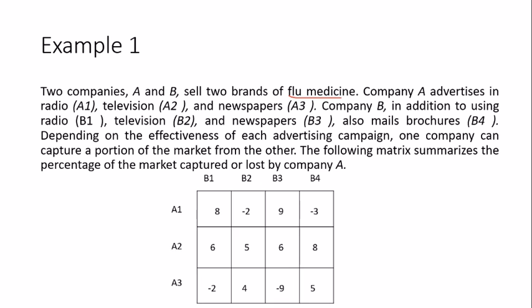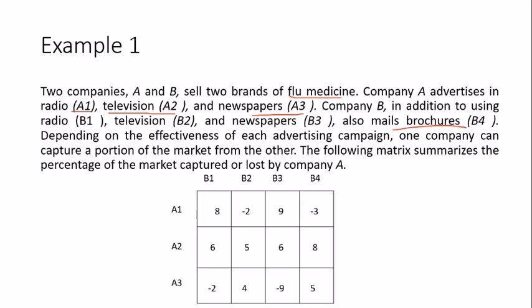Company A advertises in radio, which we call strategy A1, television, strategy A2, and newspaper, A3. Similarly, company B, in addition to radio, television and newspaper, also mails brochures. So A has 3 strategies, A1, A2, A3, and B has 4 strategies, B1, B2, B3 and B4.